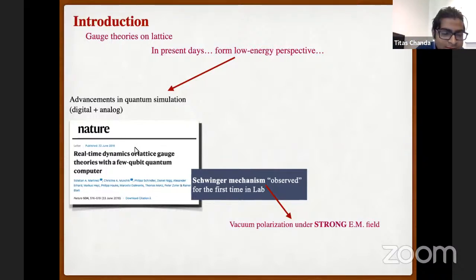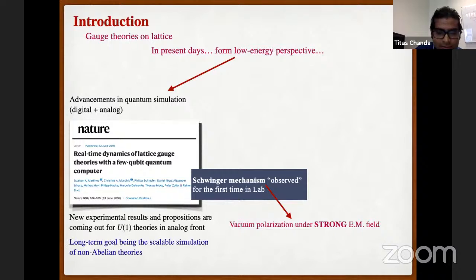Now the problem is, this is digital simulation, and we cannot really scale this type of simulation with system size properly. So we need the analog simulation also. And in recent times, new experimental results and propositions are coming out for U(1) theories in case of analog quantum simulation.